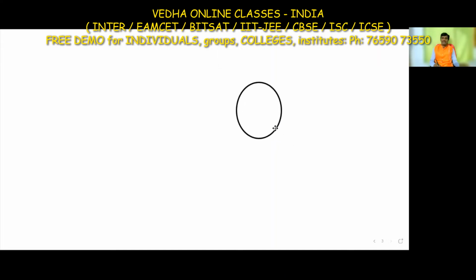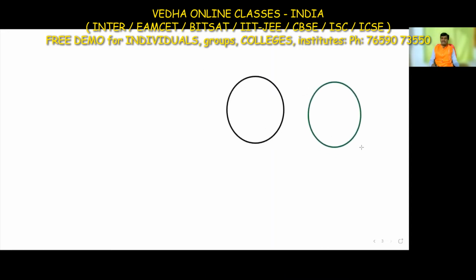So we get one circle like this, and I'm taking the other circle. One circle radius is 15, one more circle radius is 5.